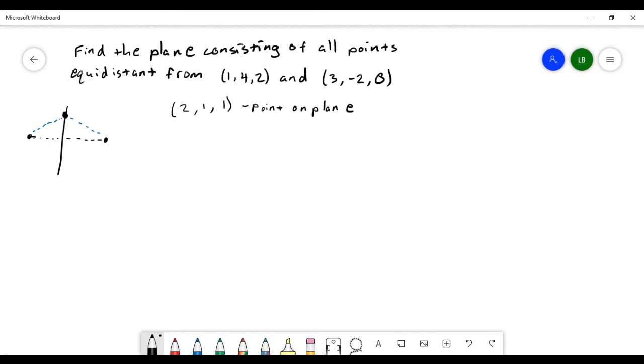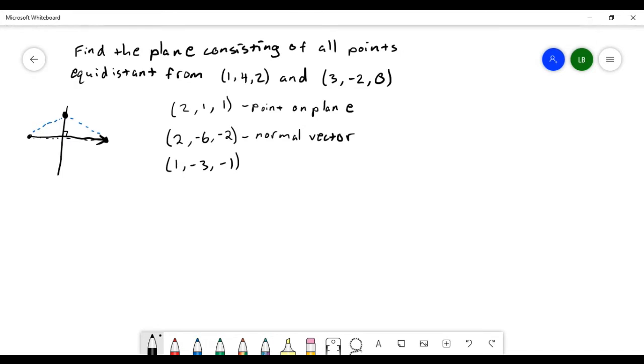And if we actually take a vector that goes from one point to the other, that would pass straight through the plane and would in fact be normal to it. So a vector from this first point to the second one would be <2, -6, -2>. This is our normal vector. Of course, you can simplify it to get <1, -3, -1>, because that would still be normal.